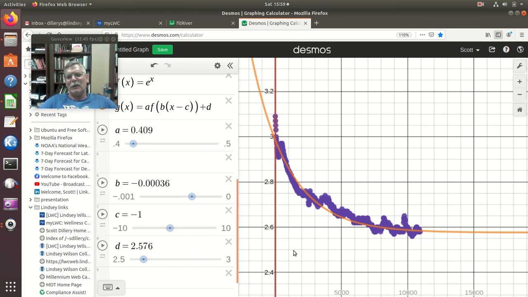C would, because this is going clear out to 10,000, I'd have to really change this a lot to see it on the graph. 0.1, close enough. But we would have been spending time changing C, and we just didn't need to. Okay, so there we fit an exponential.